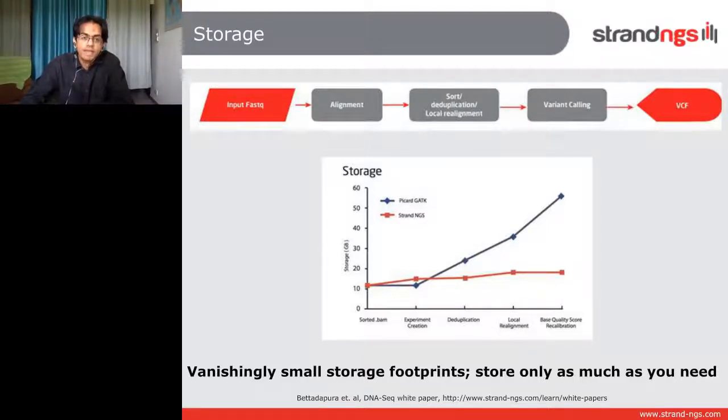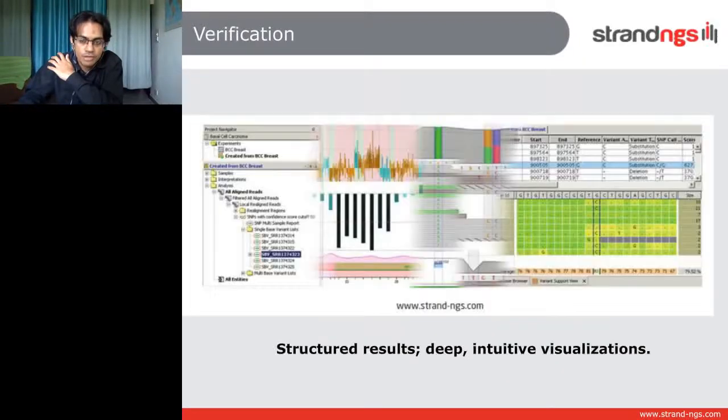And finally, verification. We have a lot of deep and intuitive visualizations. We've worked on our visualization for a long time now, again, in collaboration with the clinical genomics team. The other aspect is just the structure.